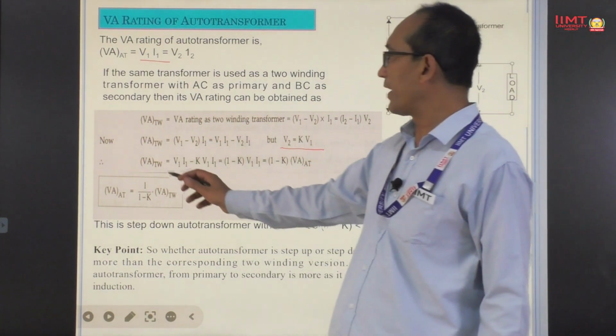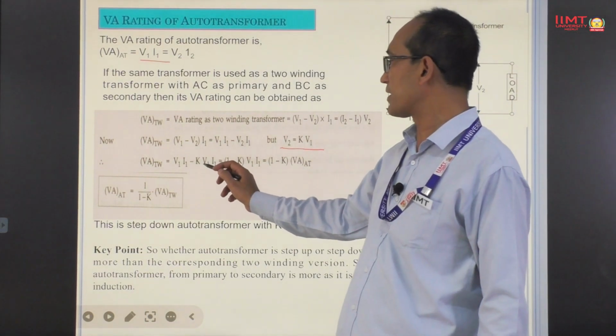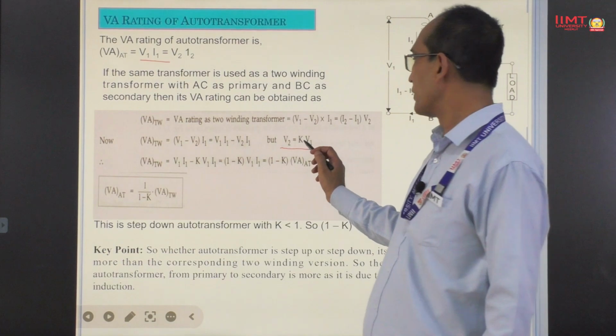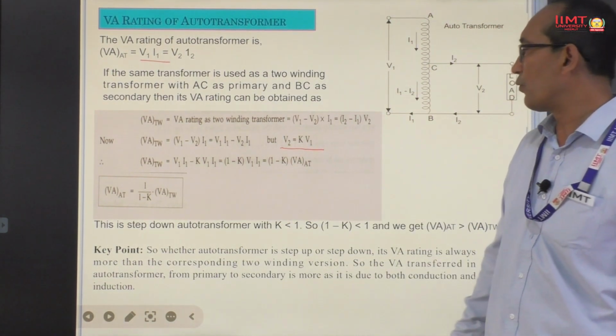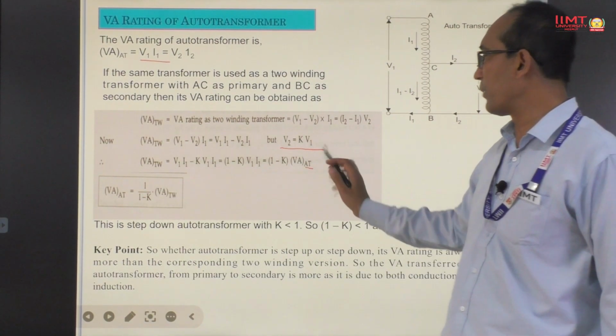So in the case of a two winding transformer, the volt ampere rating is equal to V1 I1 minus K V1 I1, by replacing V2 with K V1, and finally we get (1 minus K) VA_AT. AT stands for auto transformer volt ampere rating.